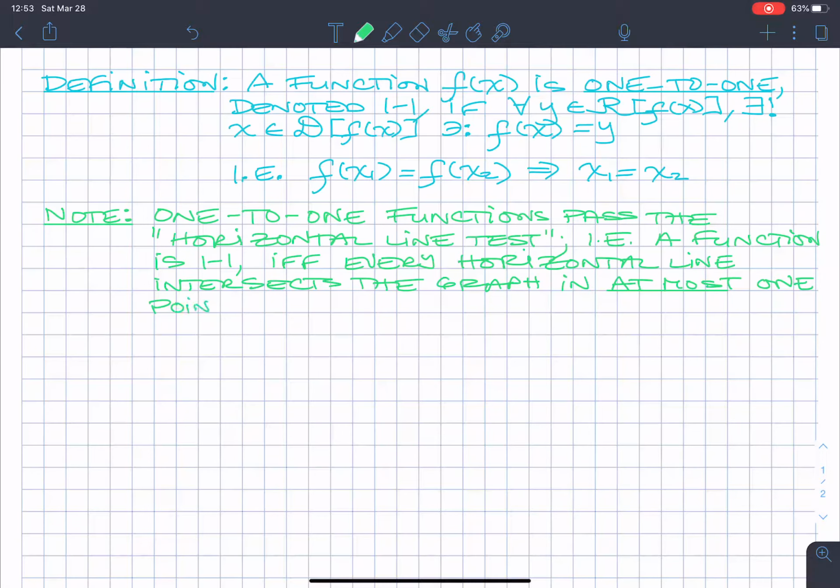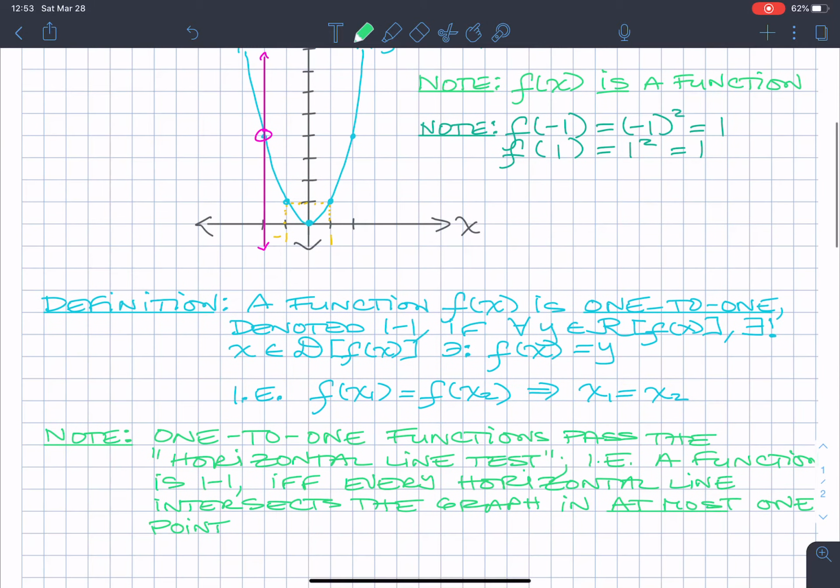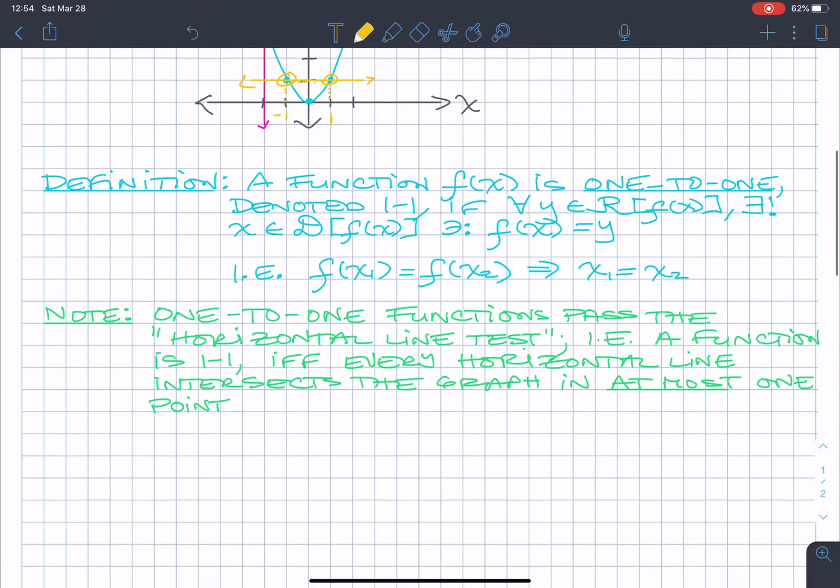Okay, so if we go back up to our parabola, clearly it does not pass the horizontal line test because there were two values of x which yielded the same value of y. So that's not a 1 to 1 function.